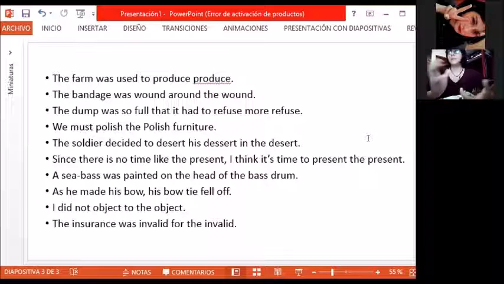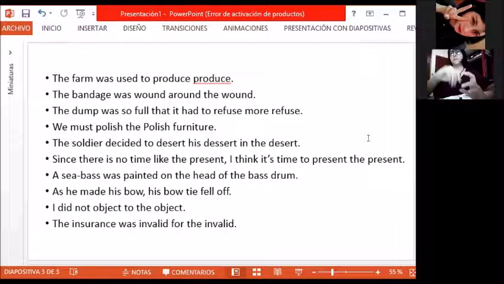As we will be listening, they have the same or very similar writing, but in some cases they sound differently. They have a different meaning, and we will be taking a look at that.